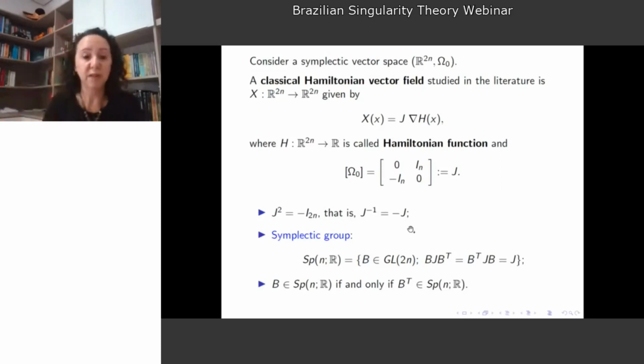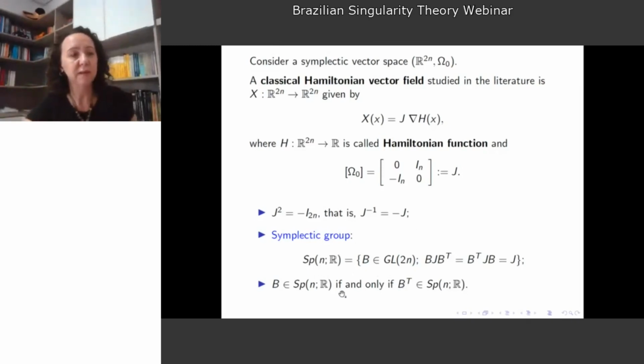We can define the symplectic group as the classical group defined as the invertible matrices in GL2n satisfying these two equalities: B J B transpose equals J, and B transpose J B equals J. It's a classical group in algebra. For example, a relation that is very used is the property that a matrix is in the symplectic group if and only if the transpose of this matrix is an element of the symplectic group.